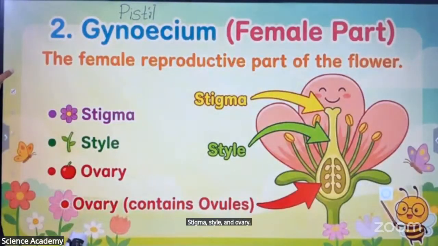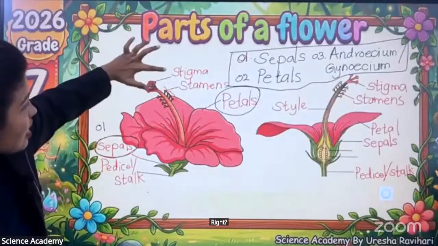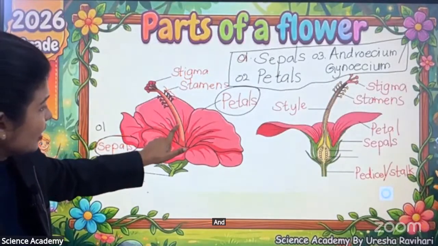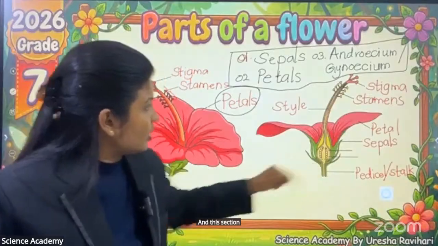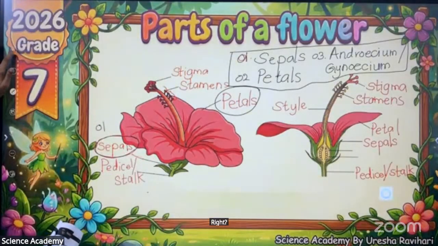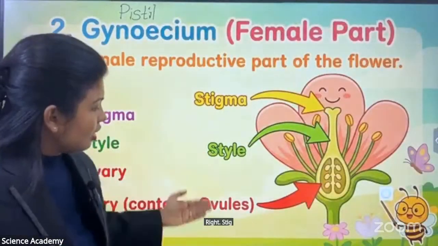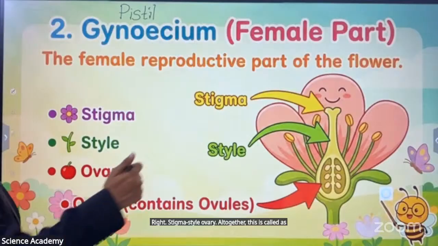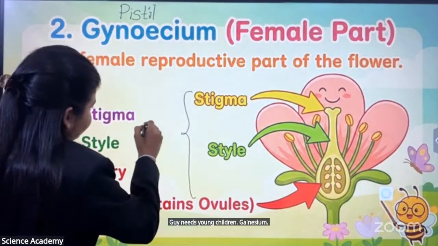If you can remember, you observe that this is stigma and this is style, tubular style, and this section is ovary. Okay, so we'll move with that. Stigma, style, ovary. All together, this is called gynecium, children.